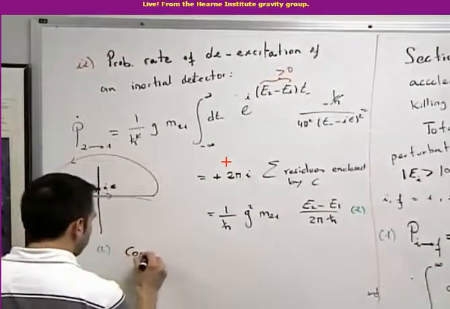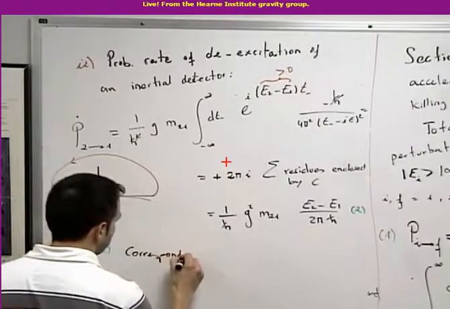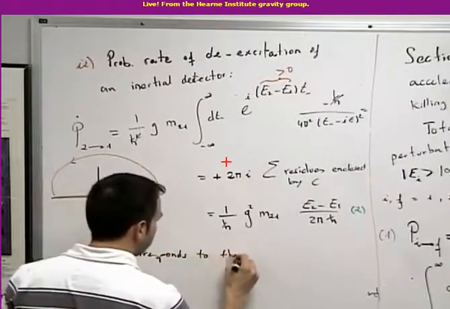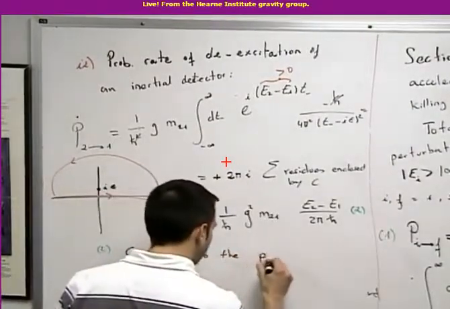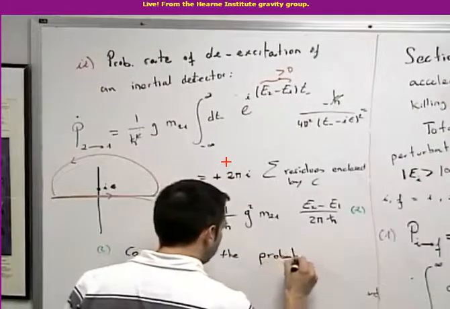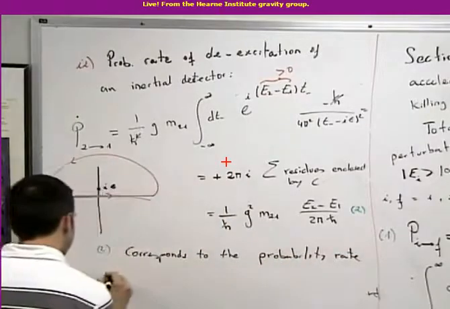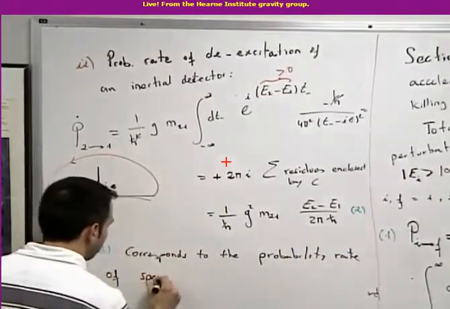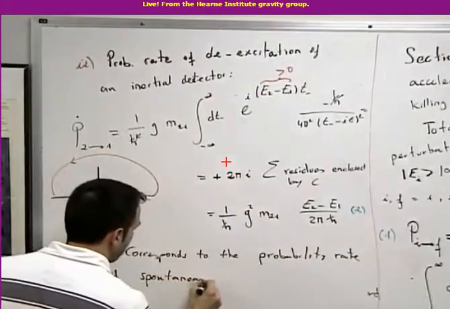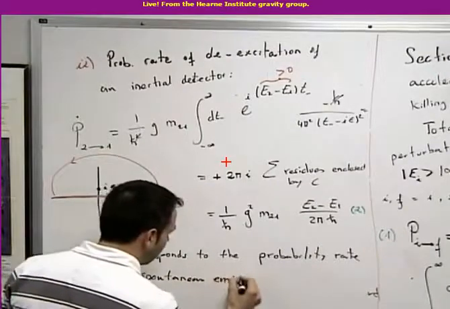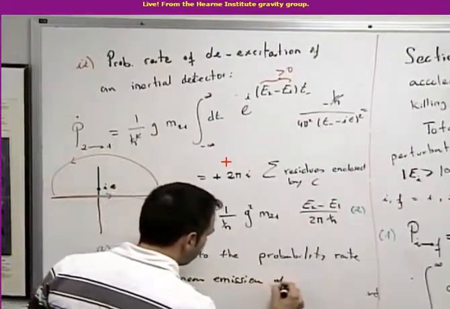corresponds to the probability rate of spontaneous emission or de-excitation of a detector.